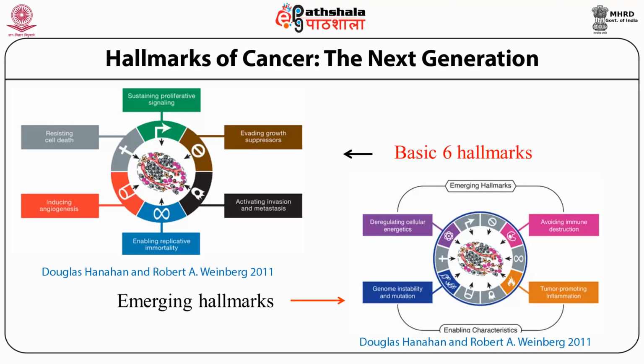Additionally, 2 consequential characteristics of neoplasia facilitate acquisition of both core and emerging hallmarks. And this includes the genomic instability plus the inflammation by the innate immune cells. Thus, these emerging hallmarks are now appreciated as yet another underlying feature of the genesis of cancer.